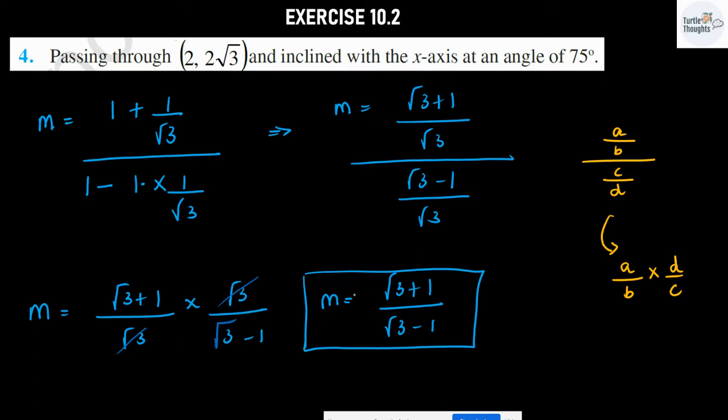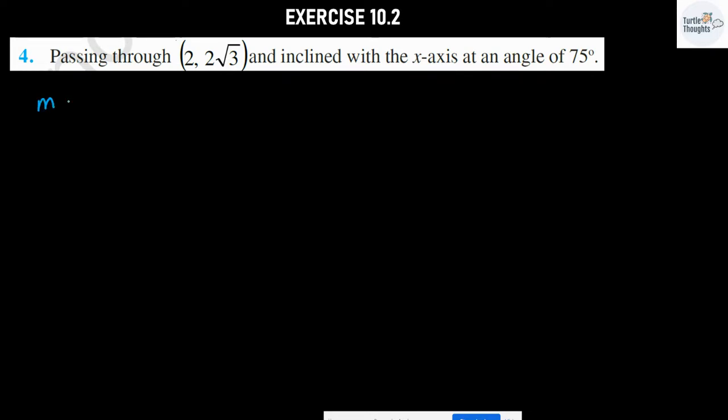We have found out the value of m. Now that we have found the value of m, we can easily find the equation of the line. However, can you have an irrational number in the denominator? No, sir. So you have to rationalize the same.